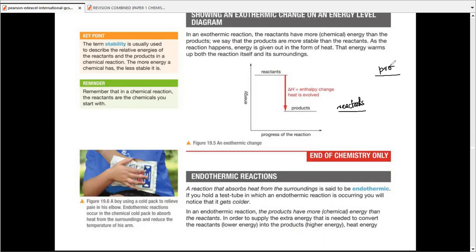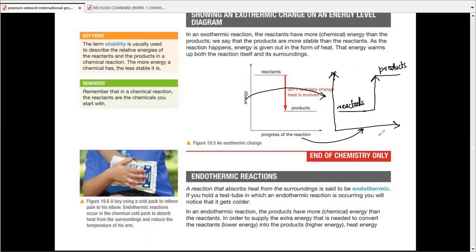Products on top, and the arrow in between should be pointed upwards, exactly opposite to this one. Make sense? The reactants have less energy, the products have high energy. Remember, the same x-axis and the same y-axis would be here too. There would be no change in that.